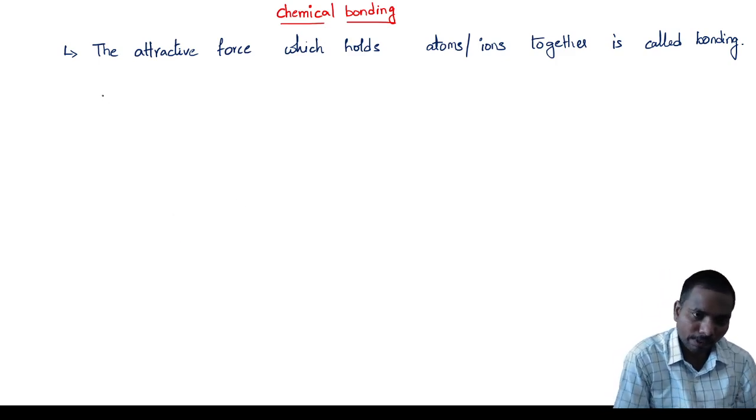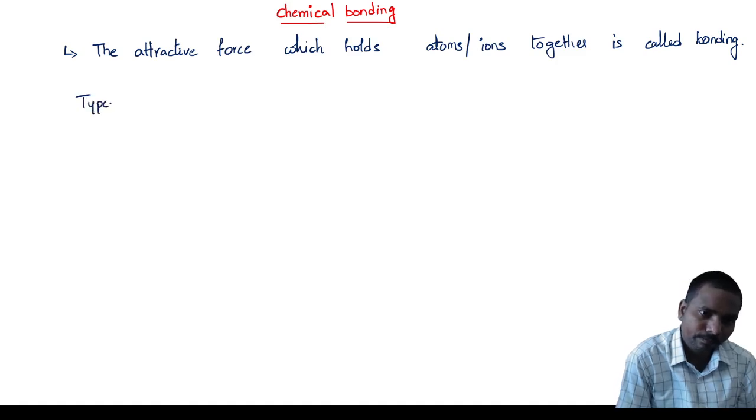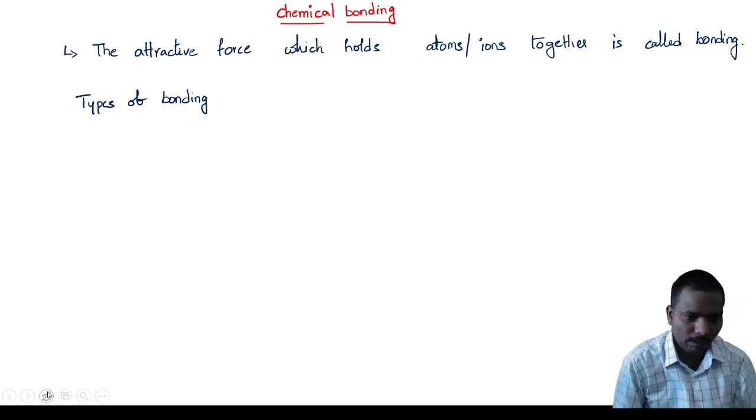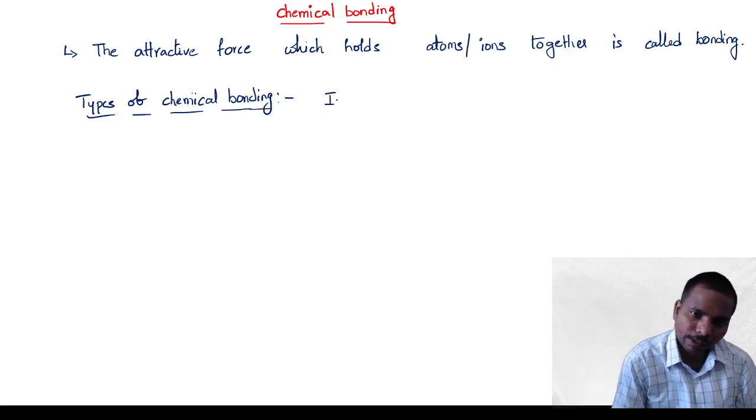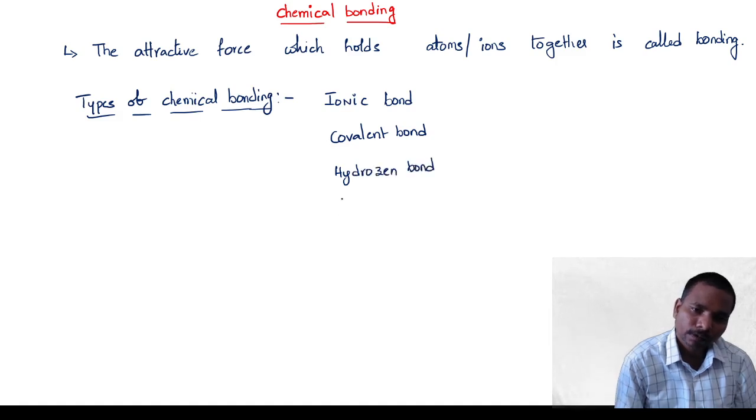Here, coming to types of chemical bonding: ionic bond, covalent bond, third one hydrogen bond, the fourth one is van der Waals force.